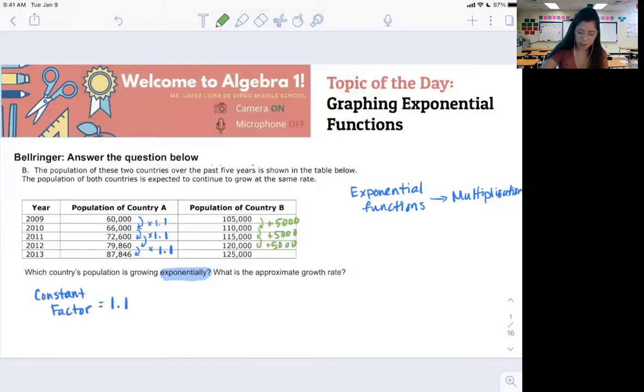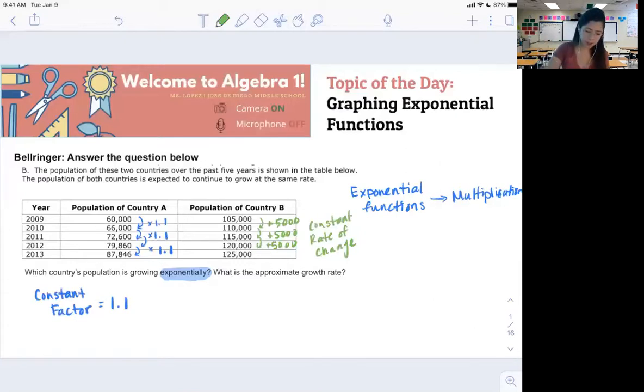So that is a constant rate of change because it's adding. So just always be very careful because they both are constant, right? Because it's the same exact thing over and over again. One of them you multiply, that's your factor. One of them you add or subtract, that's your rate of change.